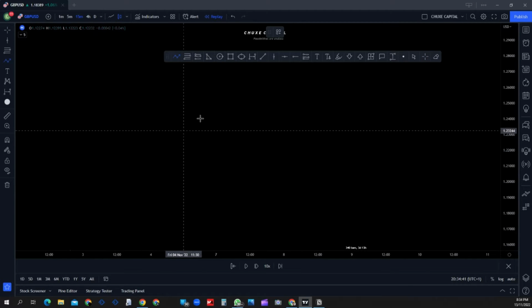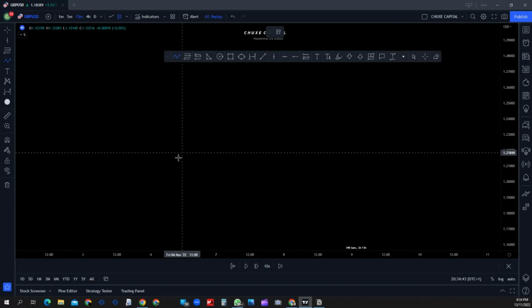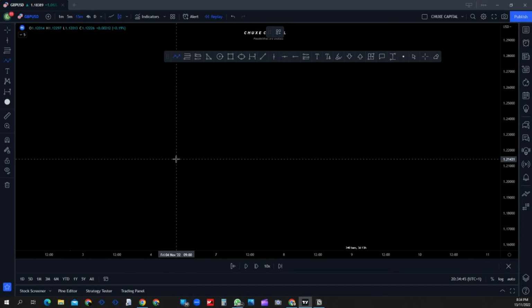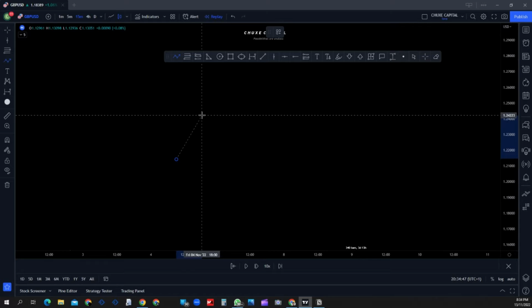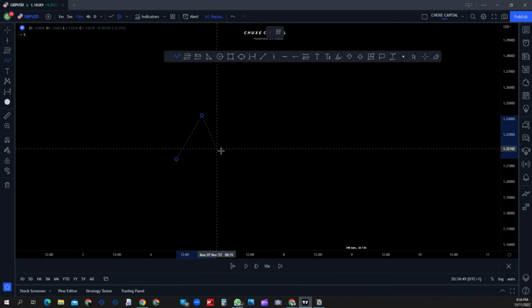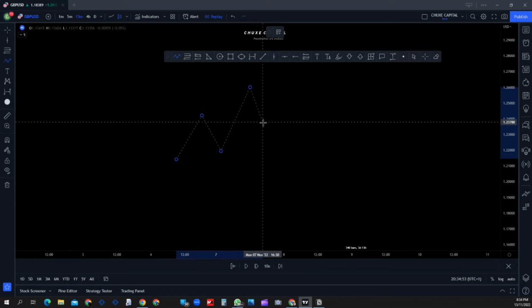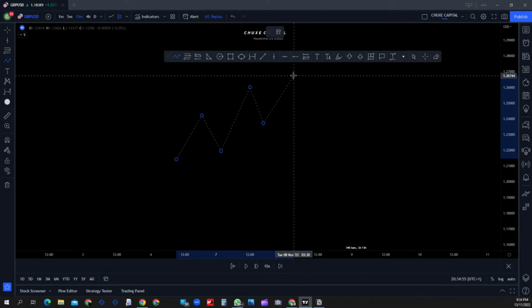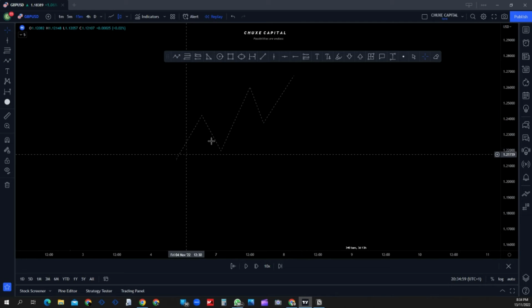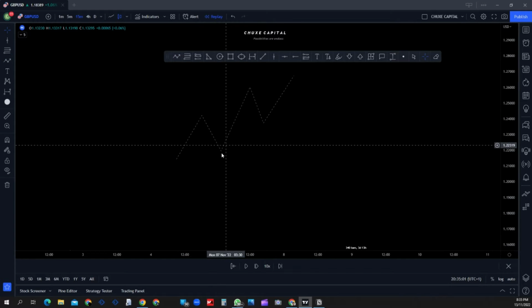We're looking at structure. We use the daily and 4 hour to know our bias, right?